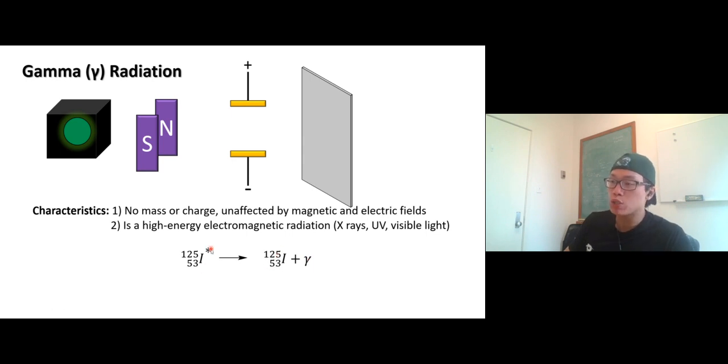They stay the same. We use a star to show that this nucleus has very high energy and is ready to emit the gamma ray. You're going to see the star quite a few times. Since it doesn't have charge, the gamma ray just passes through a magnetic field or electrical field.